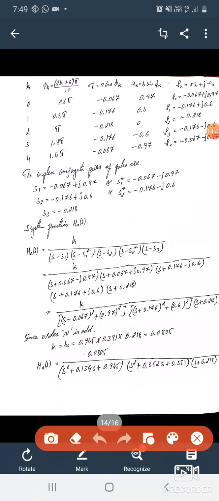Then which are the complex conjugate values, you just go through your poles, S1, S1 star, P0, again last is your P4. These are all the complex conjugate S1 and S1 star. Next S2, S2 star, same values P1 and P3, and remaining is going to be taken as S3 only.